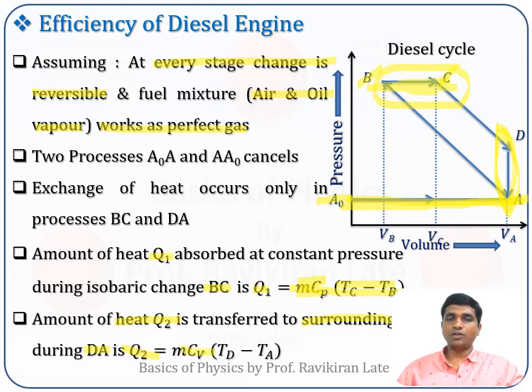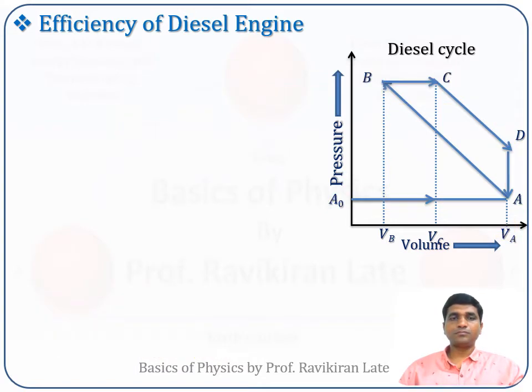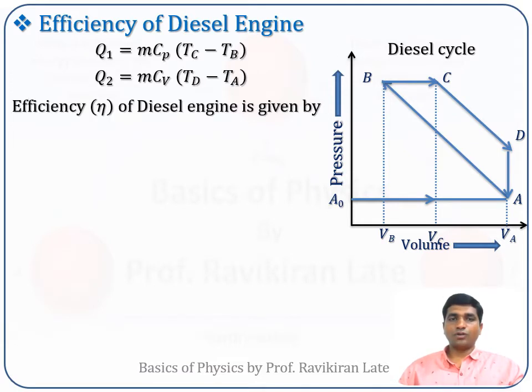Here in this case we are using the specific heat at constant volume, because this change DA is occurring at constant volume, VA is equal to VD. So the change is happening at constant volume. For this purpose, the molar specific heat at constant volume is used, and the change in temperature is Td minus Ta. Now this equation I have written for your reference.